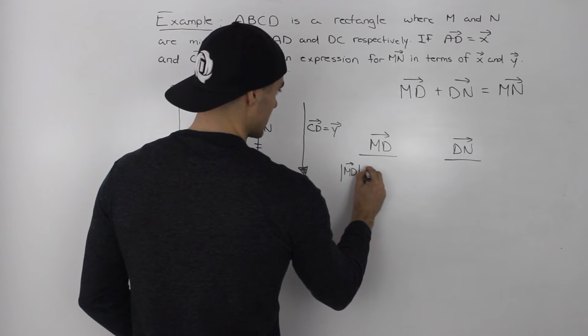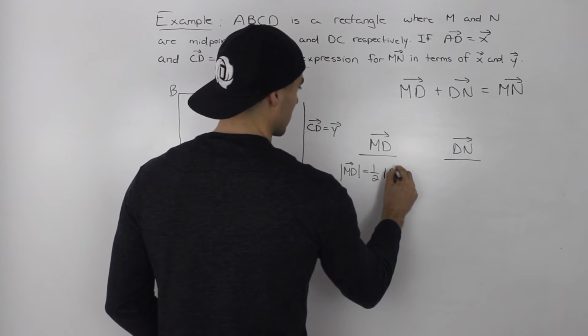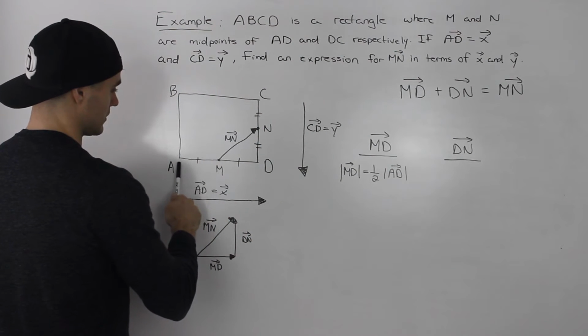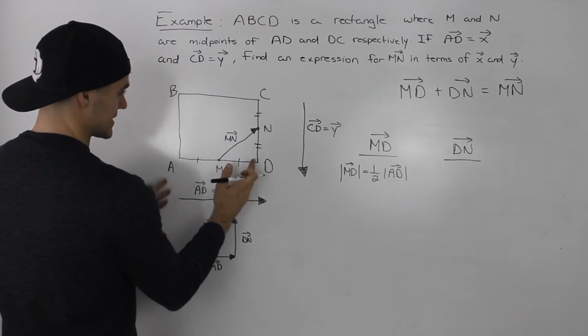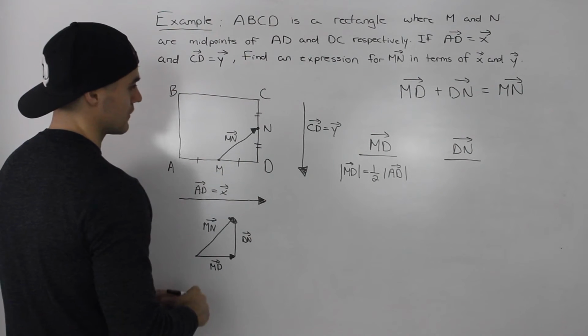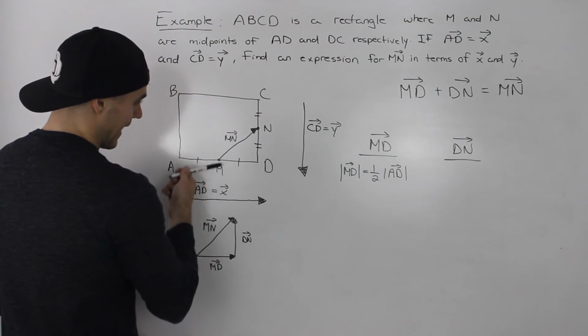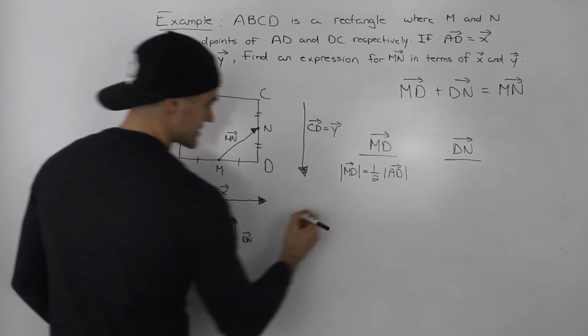So for this vector MD, first off, notice how the magnitude of vector MD is equal to half of the magnitude of vector AD, because M is the midpoint of this line AD. Another thing to notice is that MD is going in the same direction as AD.